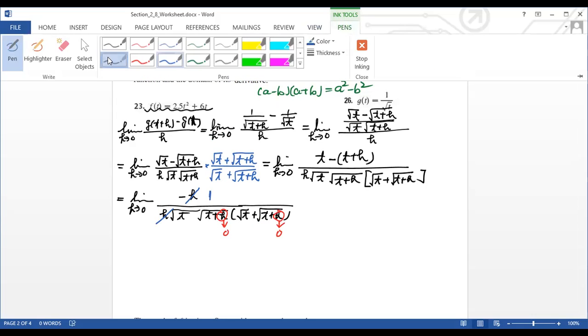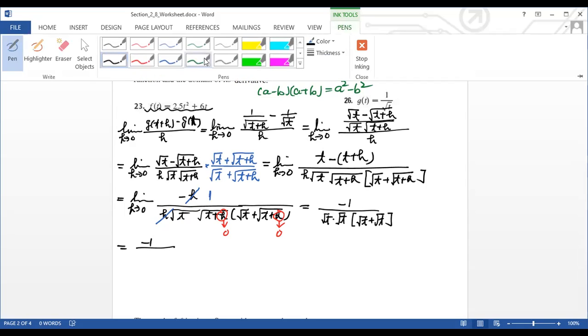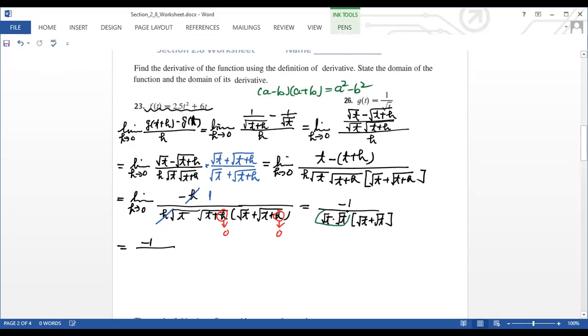Okay, so now this will be negative 1, over the square root of t times the square root of t, then the square root of t plus the square root of t. Okay, so simplify this. What is this one here? This one is t, right? And what is this one here? This is 2 square roots of t.